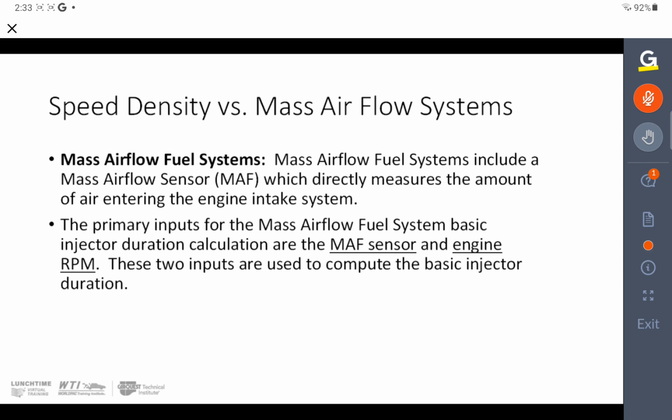So if I have a 3-liter engine, I want to see a minimum of 3 grams per second of air going into that engine. And this is going to be at idle with a hot engine. At normal operating temperature at idle, the liter should equal the 1 gram per second for every liter. If you're dealing with a 4-liter engine, you're going to see 4 grams per second.